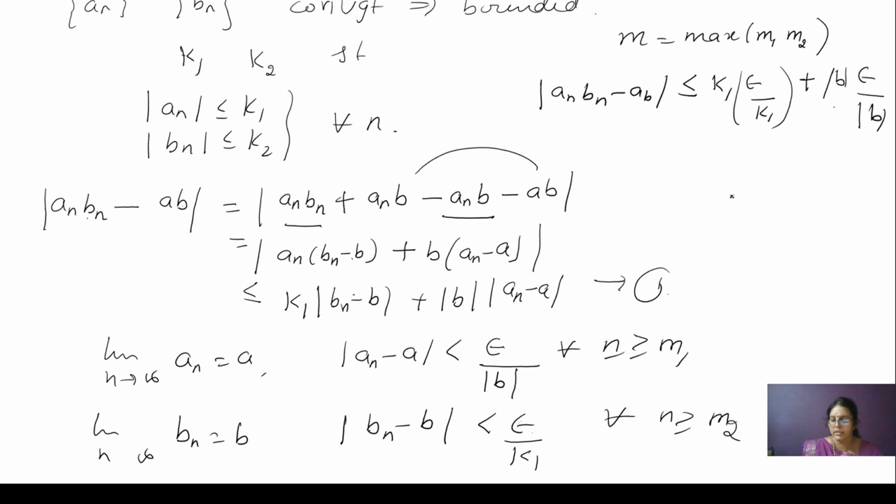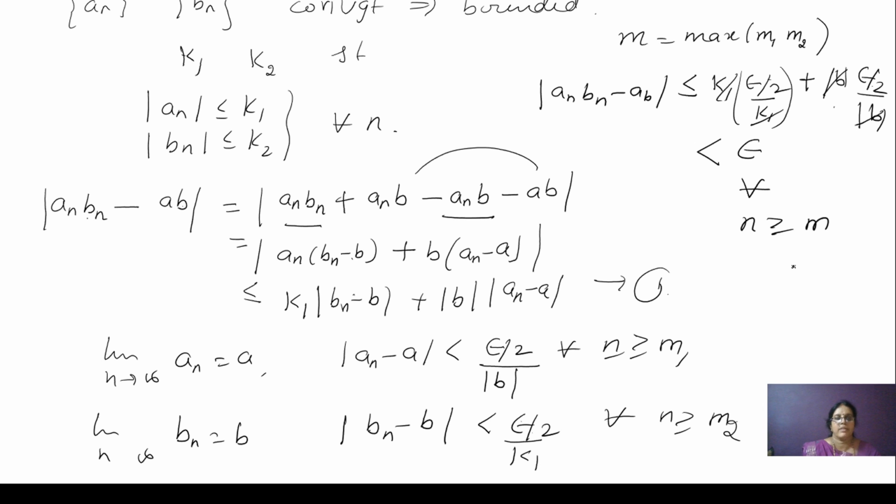And one more thing, I have to choose here not epsilon but epsilon by 2. So k1 cancels, mod b cancels, and epsilon by 2 plus epsilon by 2 is less than epsilon for every n greater than or equal to m.